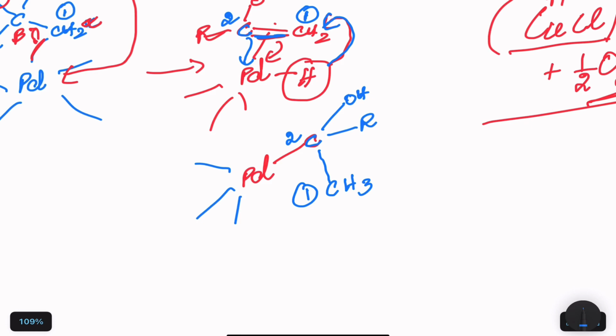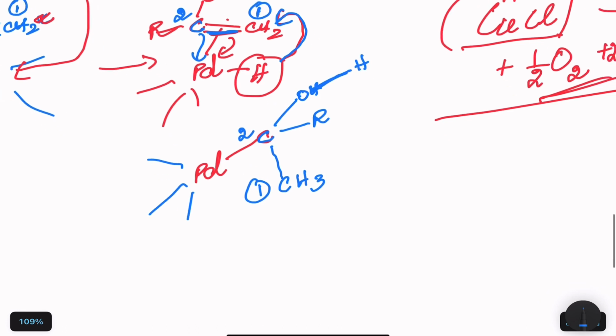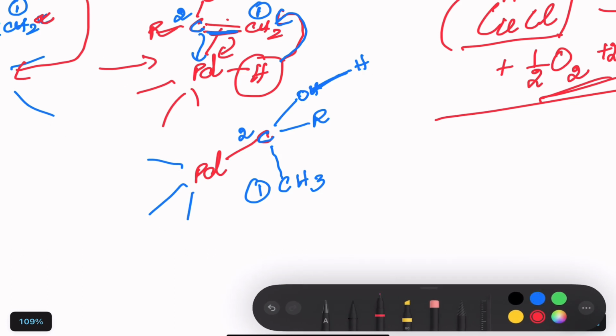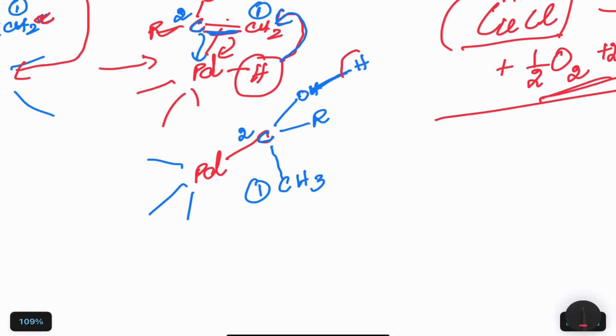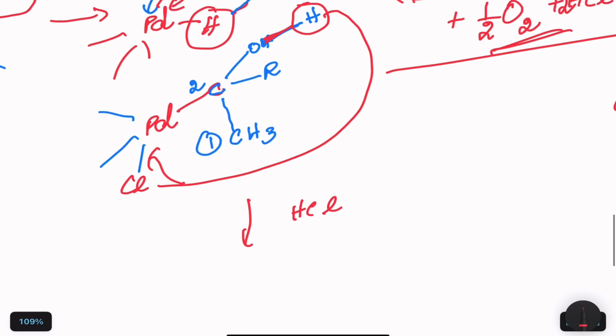Okay, now what we have to do is release this hydrogen along with our chlorine. So this hydrogen is going to attack the chlorine that is present here, and what will be released? HCl will be released, and then this bond will go and attack here, and this electron will go and attack palladium.